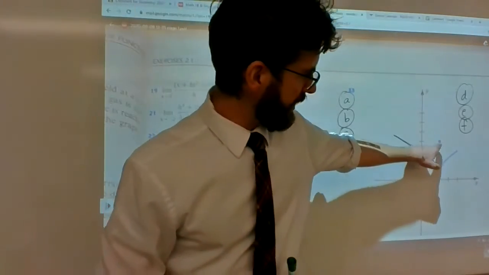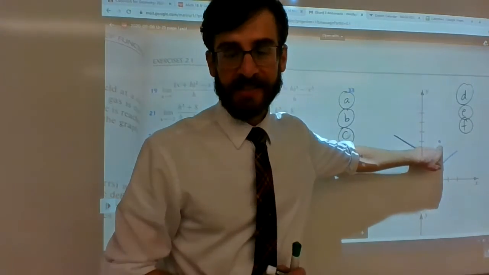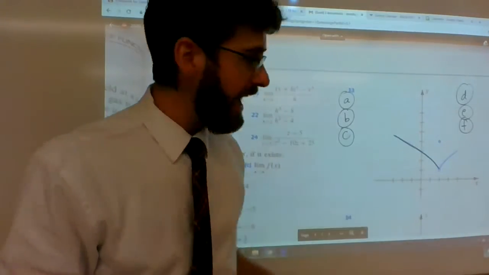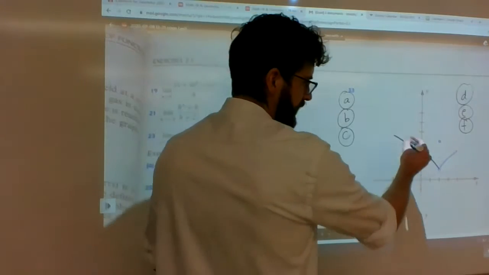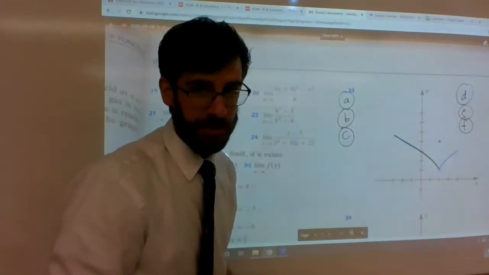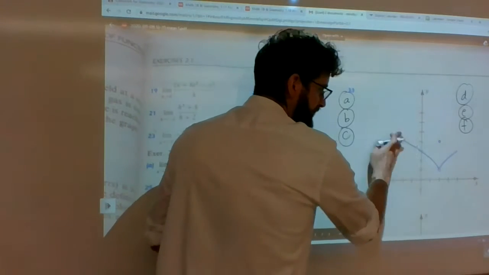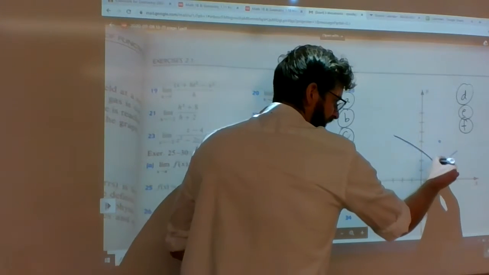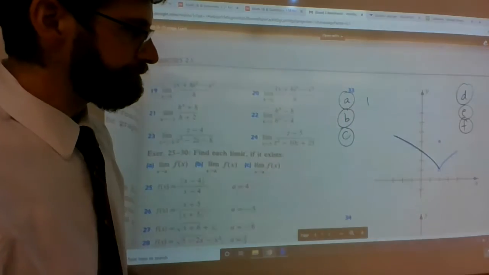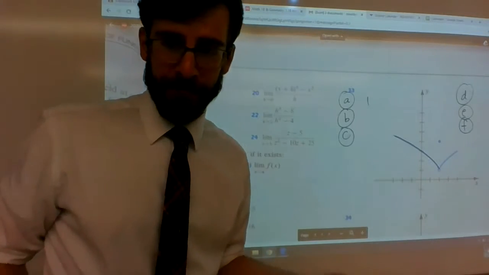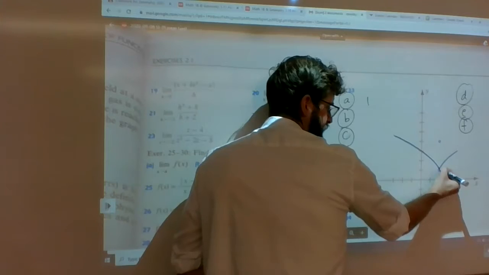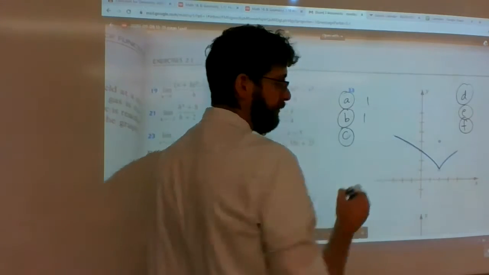The fact that there's a point up here does not express the desired approach of this graph. This graph is converging towards a y value of 1 when you go to x equals 2. So that's exactly what you're going to put. As x approaches 2 from the left, your y value is 1. And the same thing happens from the right. From the right, you're approaching a y value of 1.